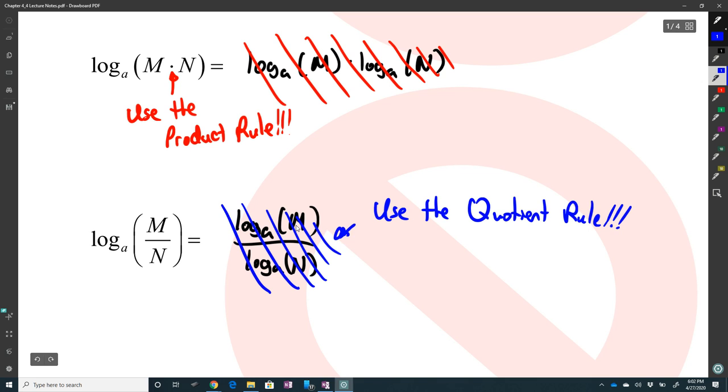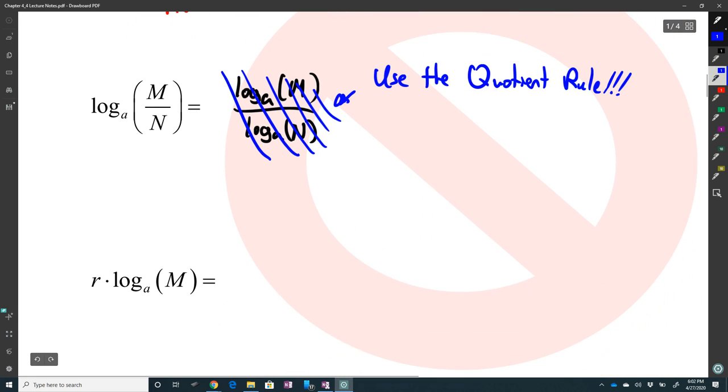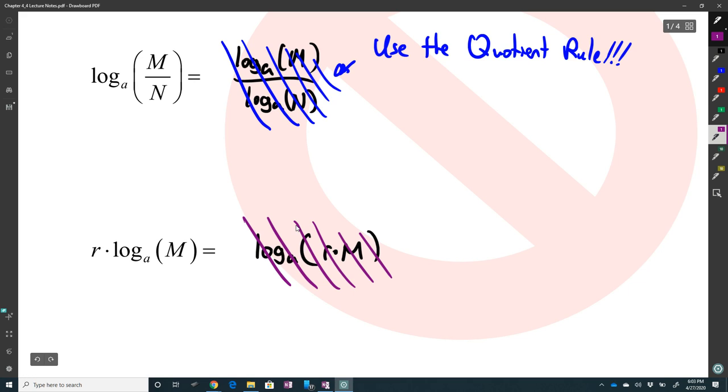So these are the mistakes that I usually see people do. They try to get a little carefree with the way they work things out. The last one is you can't distribute the r inside the M. It is very bad to write it like that. Don't do it.